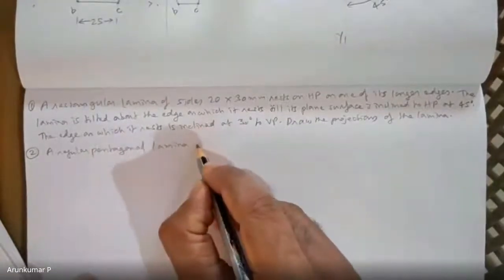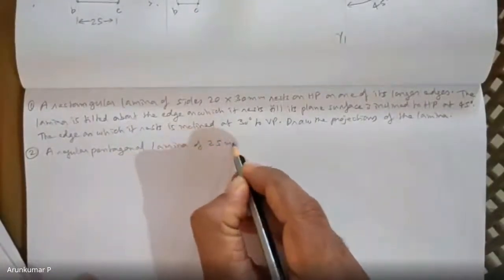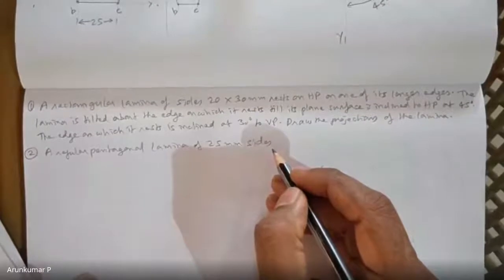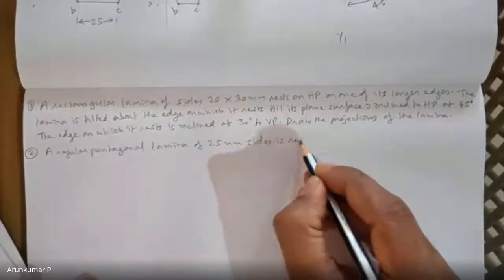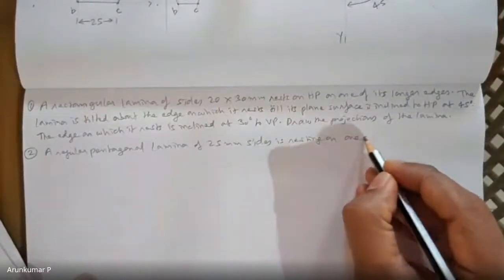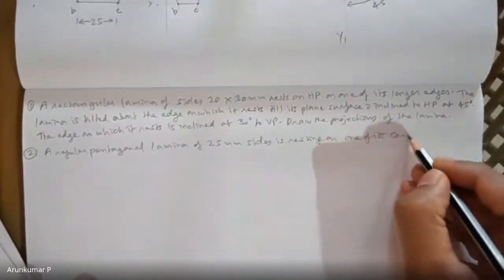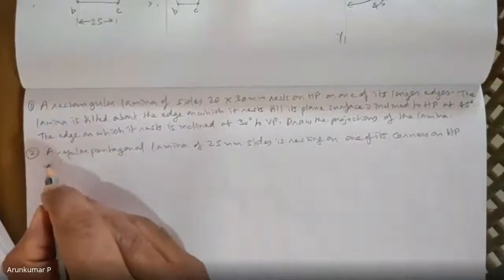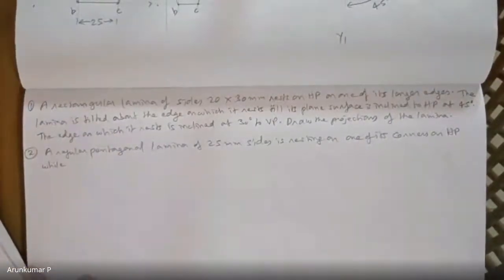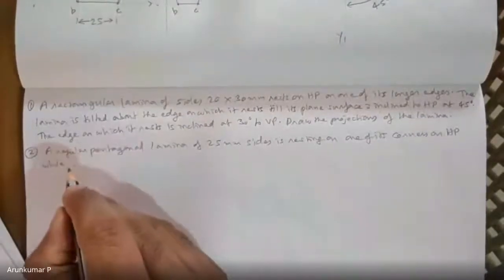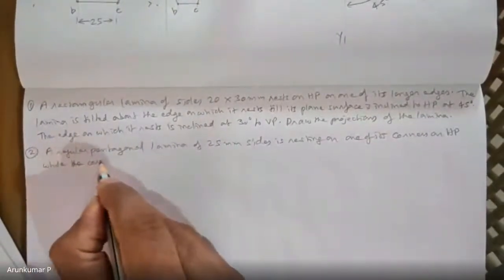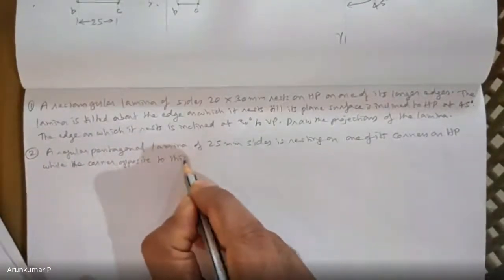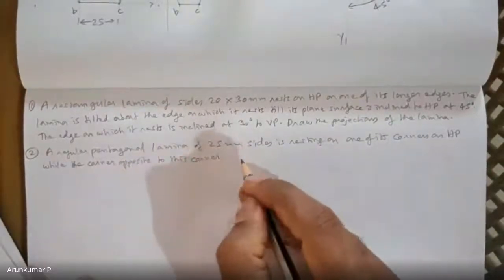of 25 sides is resting on one of its corners on HP, while the corner opposite to this corner touches VP.